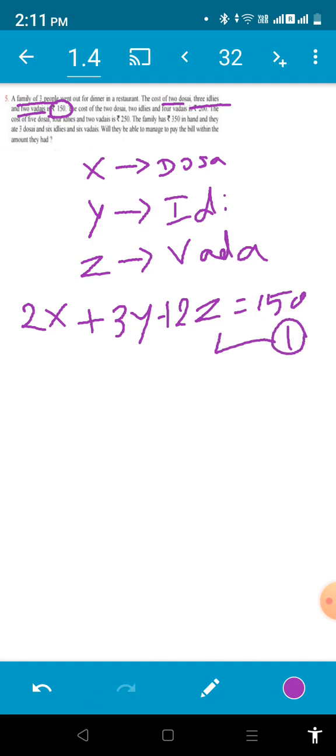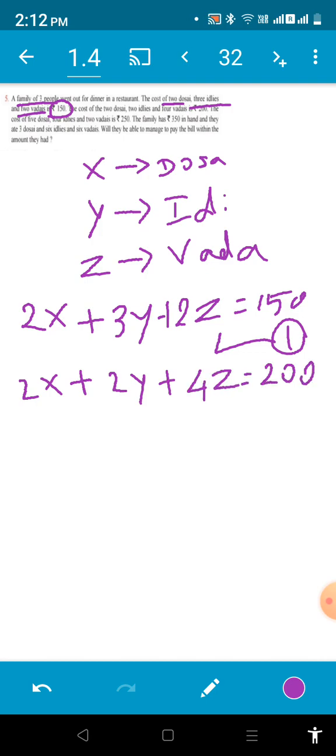Then the second one: the cost of 2 dosai, 2 idli and 4 vada is 200 rupees. So I take 2x plus 2y plus 4z is equal to 200 rupees. This is taken as the second equation.